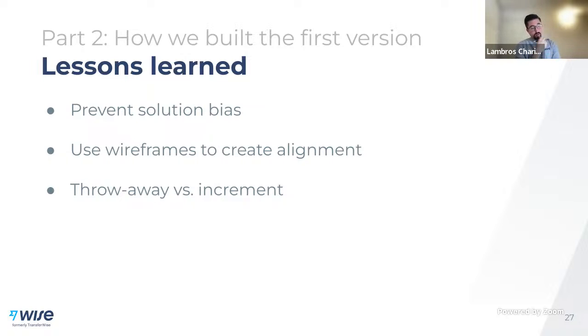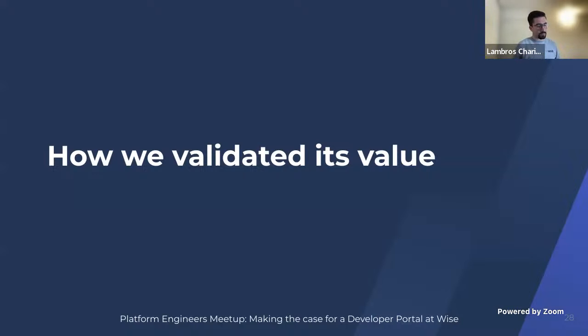It was incremental, right? We used it again for the beta. But of course, the benefits here are that you get familiar with using the technology, right? Throwaway would have been maybe a click dummy or something like this, right? To get that validation. So something to consider at this stage.